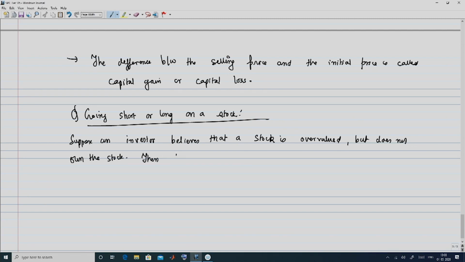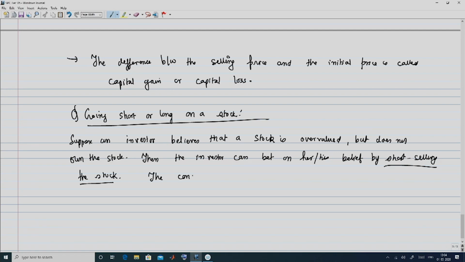So, then the investor can bet on her or his belief that the stock is overvalued, by short selling the stock. So, what is this concept of short selling the stock?